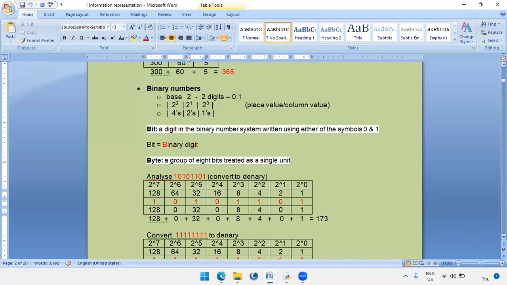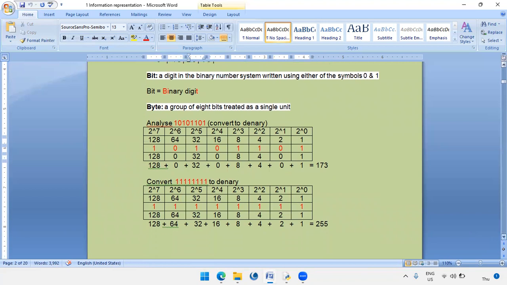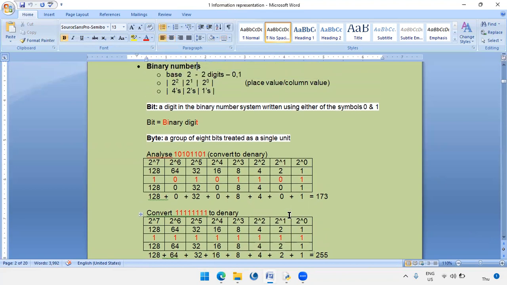Now let's do a similar exercise like earlier to analyze this number. Similarly, you have to get all the column values to the power 0, 1, 2, up to 7. And then our number, 10101101.